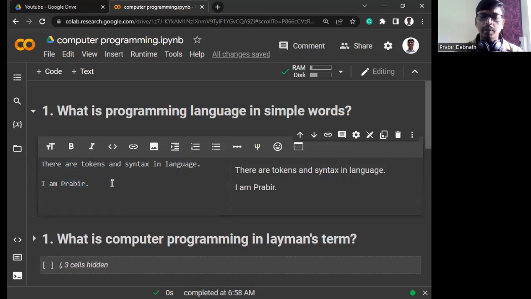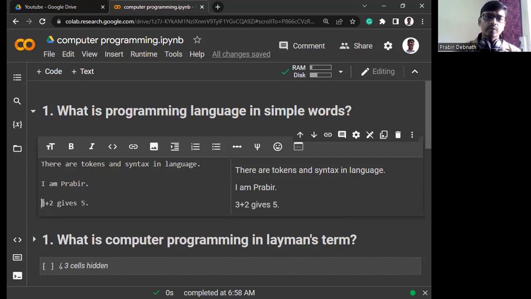In the second example, if I write 3 plus 2 gives 5, then here 3, 2, and 5 are the literals or the data. And here there is plus, this is the operator, like addition, subtraction, multiplication, or division operators. And here we can see there is a full stop. This is the punctuation.